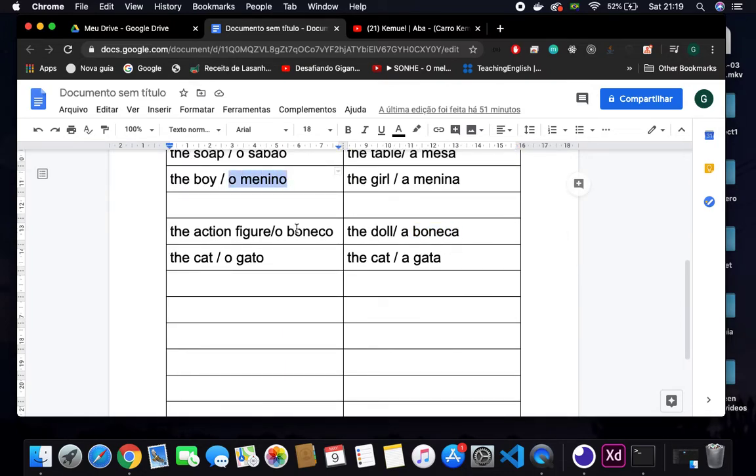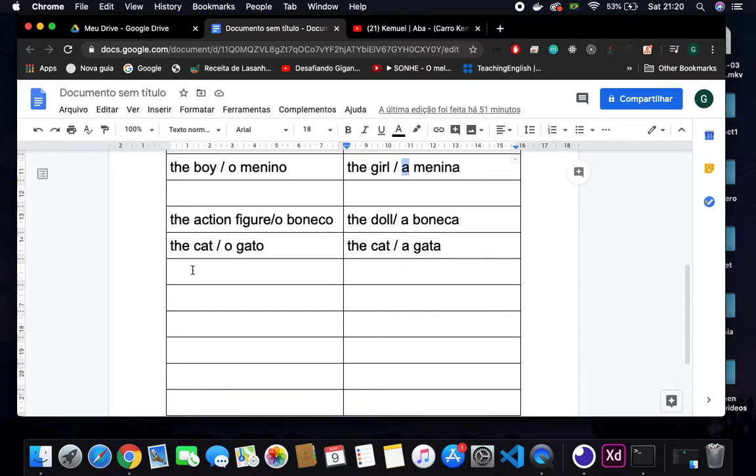A lot of words, you can do this with a lot of words in Portuguese. If it has the male form, usually it has the female form, and all you have to do is change O by A. I mean, replace O with A. Okay.